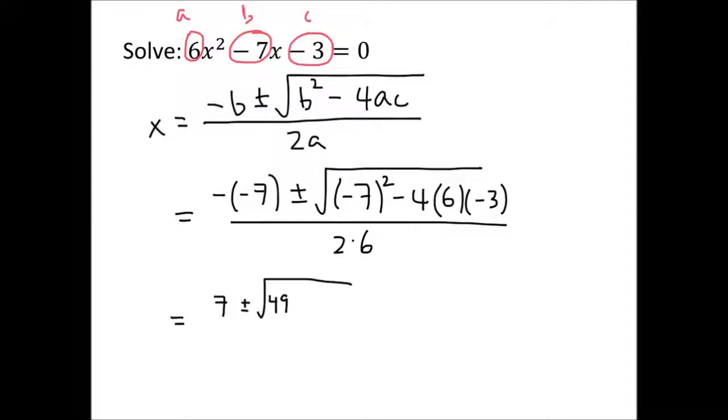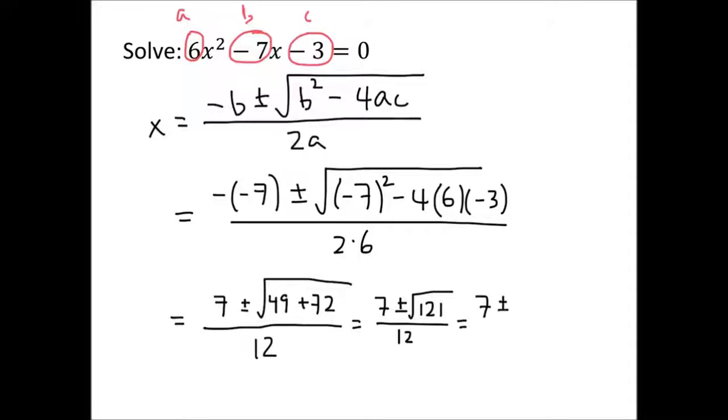So x is equal to 7, positive or negative the square root of 7 squared, which is 49, and negative 4 times 6 times negative 3, which is 72, over 12. So 7 positive or negative the square root of 49 plus 72, which is 121, over 12.